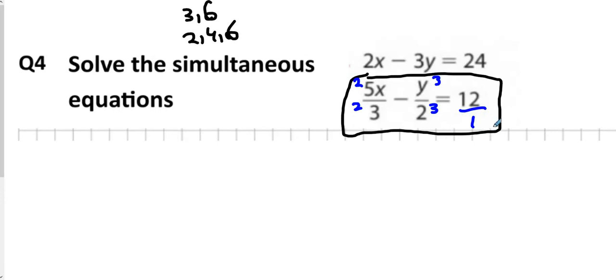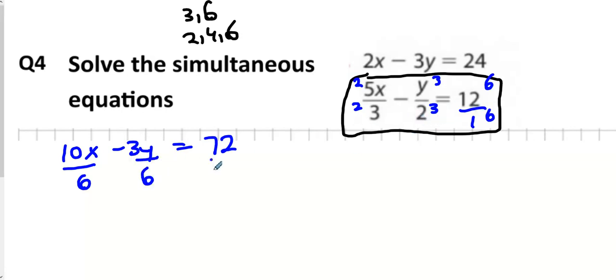And because I'm changing them into 6s, I have to multiply top and bottom by 6. 2 times 5x is 10x. 3 times y is 3y. 6 times 12 is 72. 2 times 3, 6. 2 times 3 again, also 6. And 6 times 1, also 6.